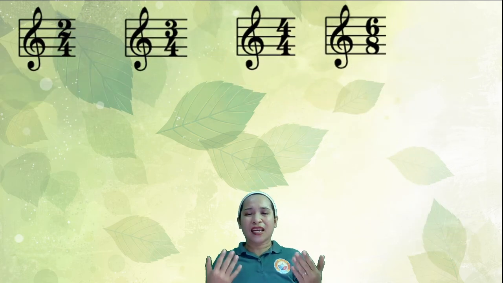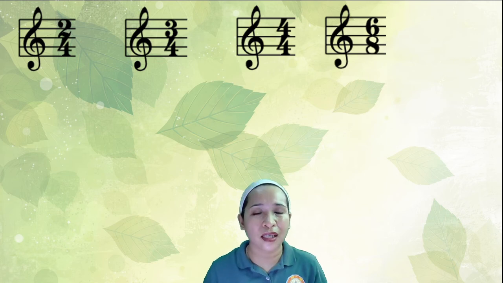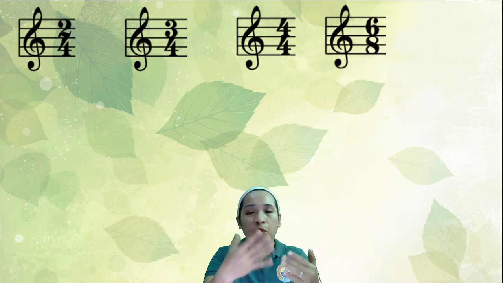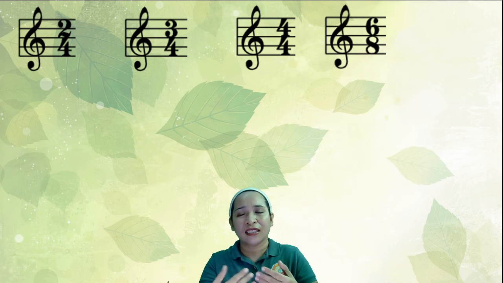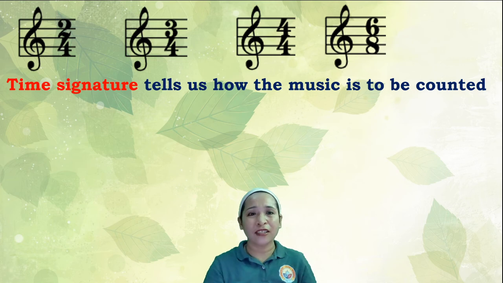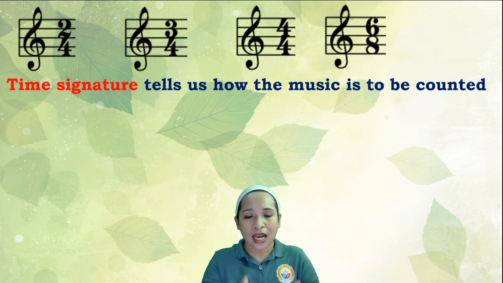So we can say that a time signature is not just numbers written one above the other at the beginning of the staff. That's the location. But the time signature tells us how the music is to be counted. In the first place, the upper number tells us how many beats should be there in one measure.